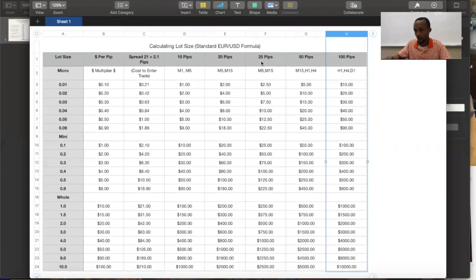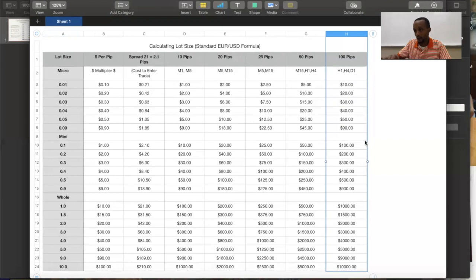And over here, you can just see how your profits will accumulate based on what your lot size is. So a 100 pip gain for a micro lot is going to net you about $10 minus the spread, 21 cents, so about $9.79.